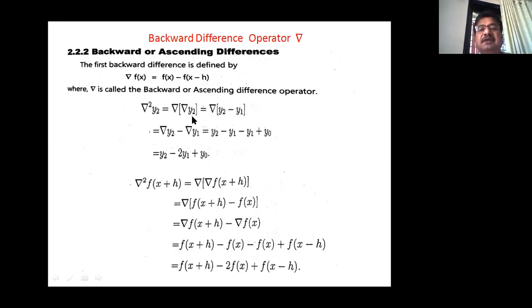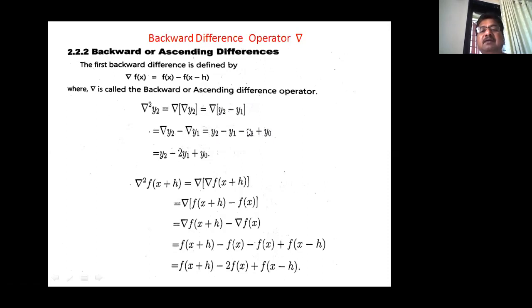And so here del y2 is y2 minus y1, the value at the point f of x plus 2h minus the value at the point f of x plus h. So then multiply by this del in bracket. What do we have? Del y2 minus del y1. That is the distributive law. And then del y2 is y2 minus y1, the value at the point minus the value at the previous point. Minus, write in bracket, or write directly del y1.